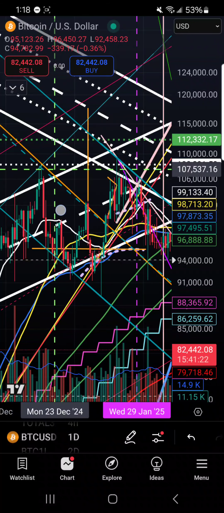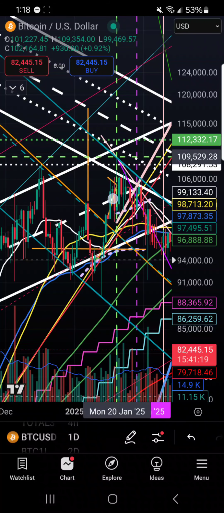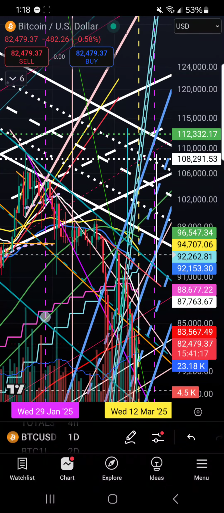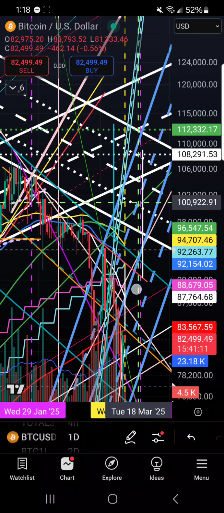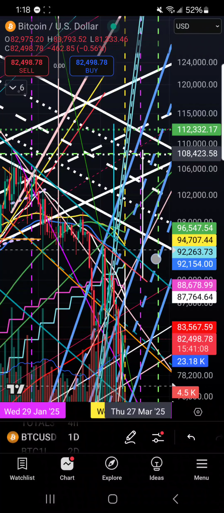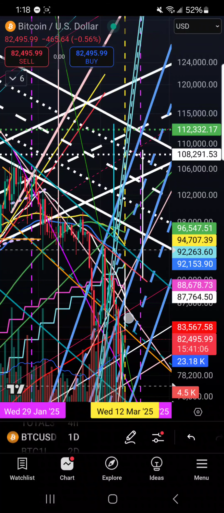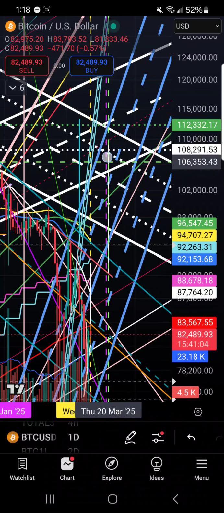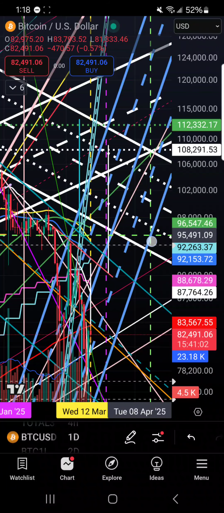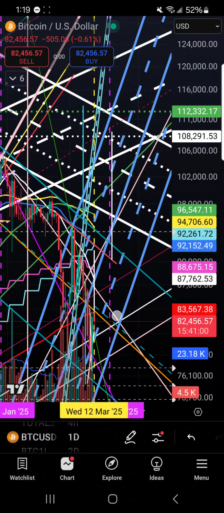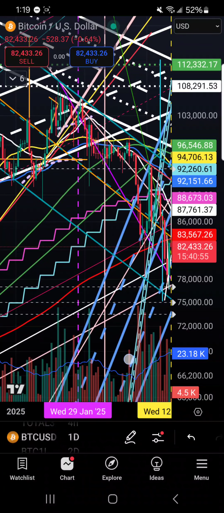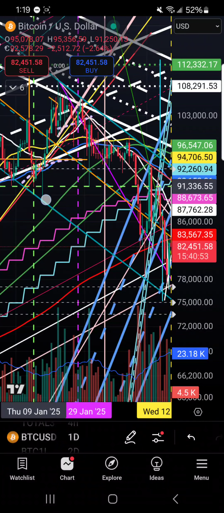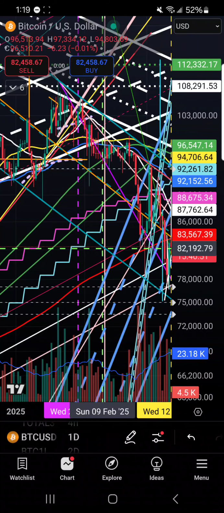The shoulder goes up to 108, the head goes up to like 110, and then our final shoulder here goes up to 108. And then maybe we dance up here a little bit, then come back down. And where's that neckline? That neckline is the base of the green channel I was talking about in the beginning.